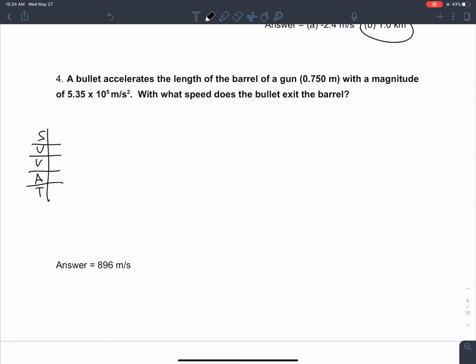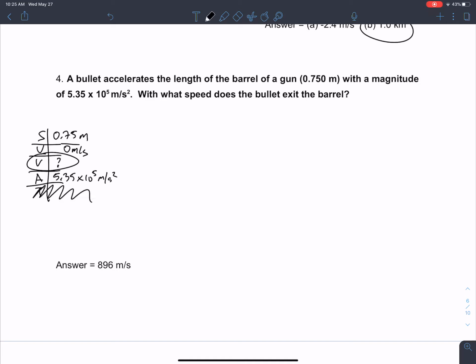I have 0.75 meters. I have my acceleration, which is 5.35 times 10 to the 5 meters per second squared. I'm looking for the exit speed. That's what the question is asking for. And I have my initial velocity, which is 0 meters per second, and I don't have time.